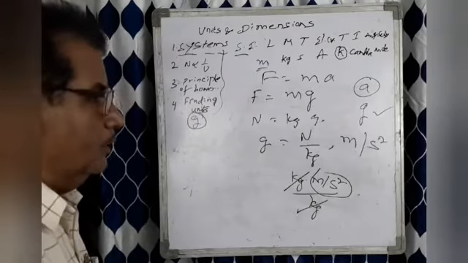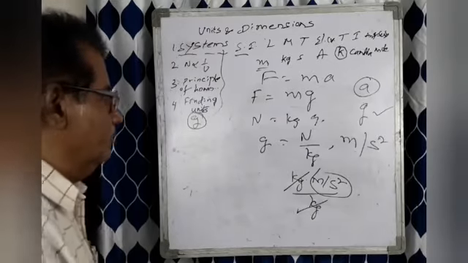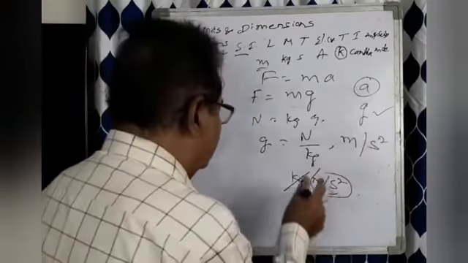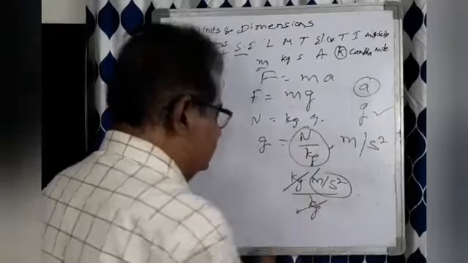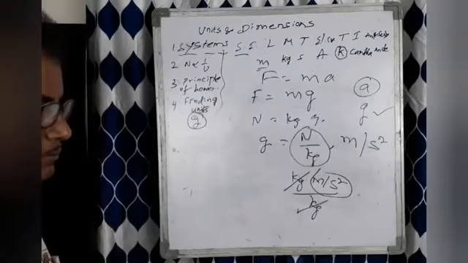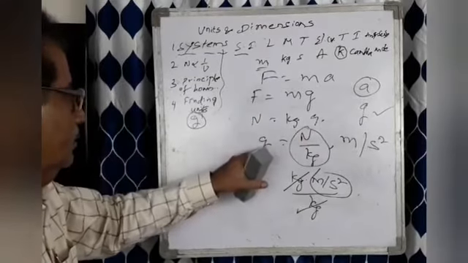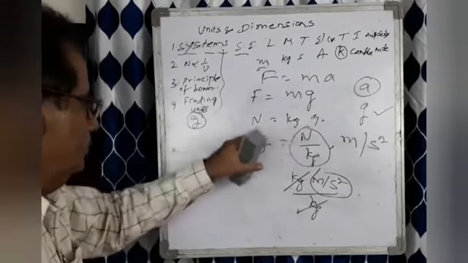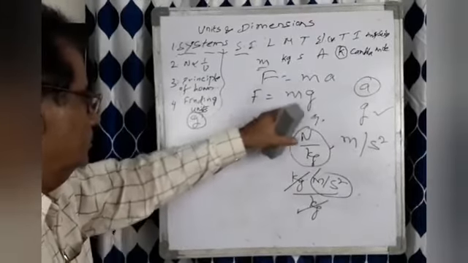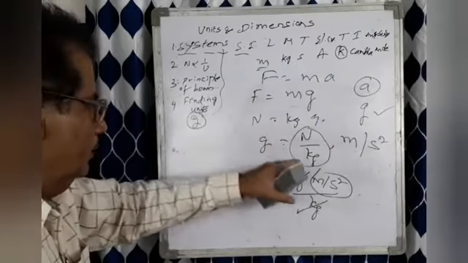Four, Newton per kg. You always look for this kind of unit, but he changed it like this, Newton per kg. F is equal to mg, g is equal to F by m, F is Newton, m is mass, g is equal to F by m, Newton per kg.